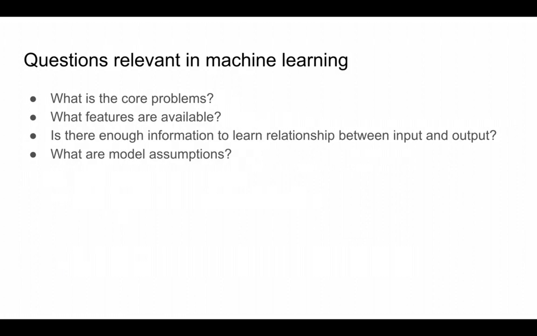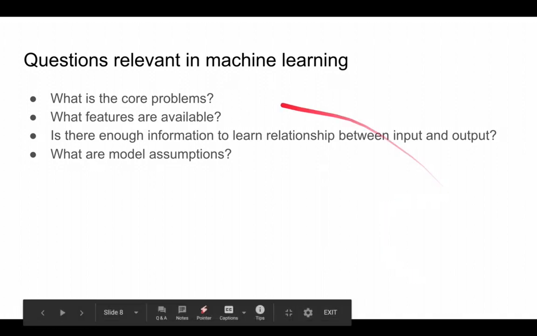Through this process, we need to learn about all relevant questions we need to ask and address those questions to work on machine learning. What are the core problems that we can ask on this data? And in order to address those core problems, are all features from the data available?